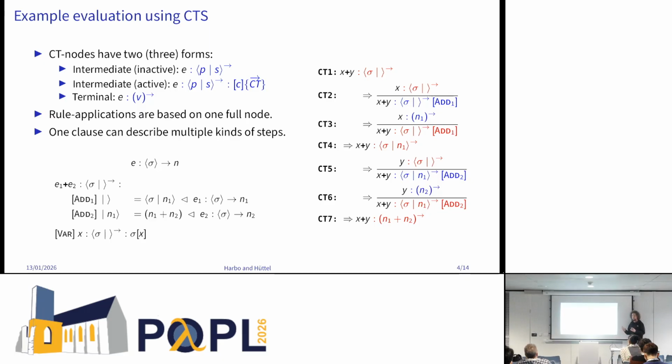So to see how these rules work, let's try to evaluate a simple expression x plus y. So the addition rule, perhaps it would be easier if I just point with the cursor.